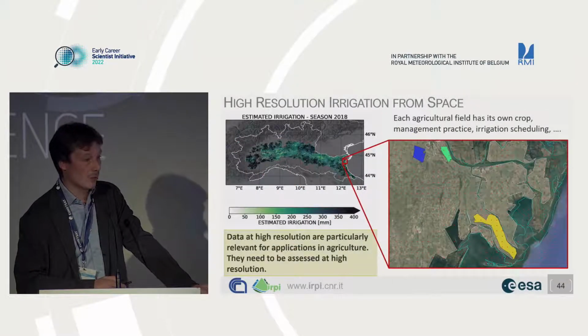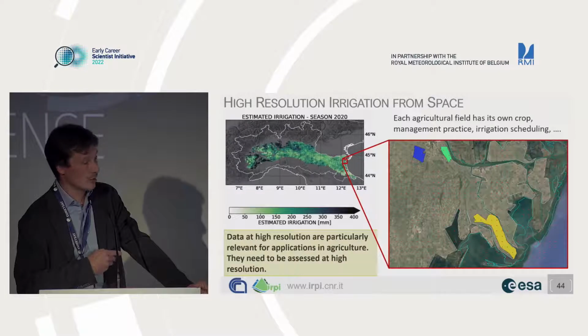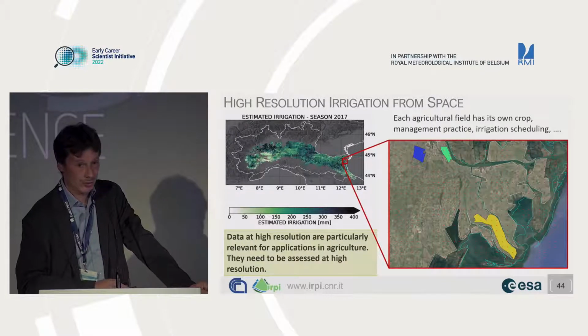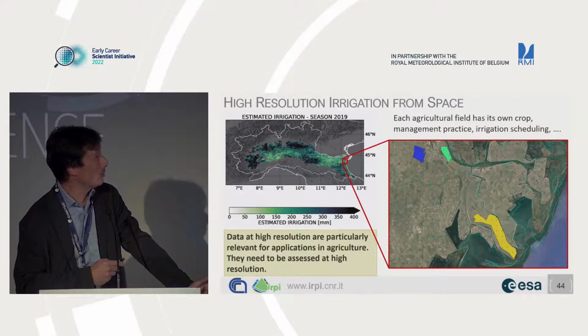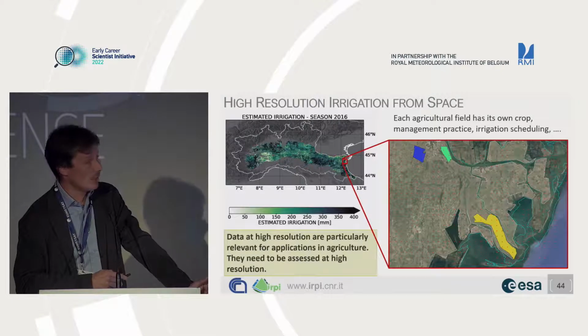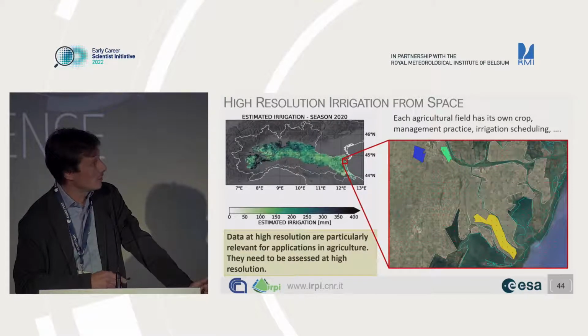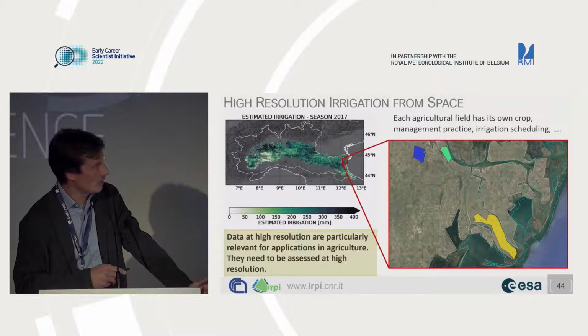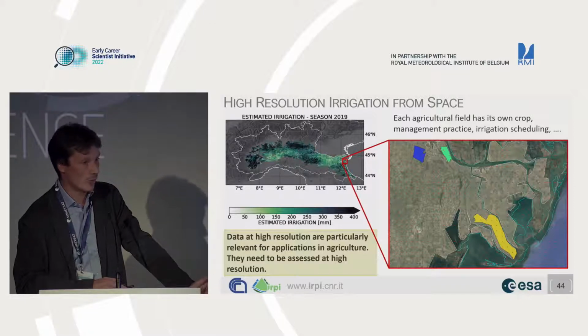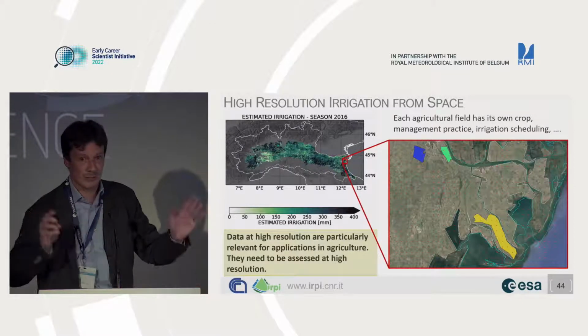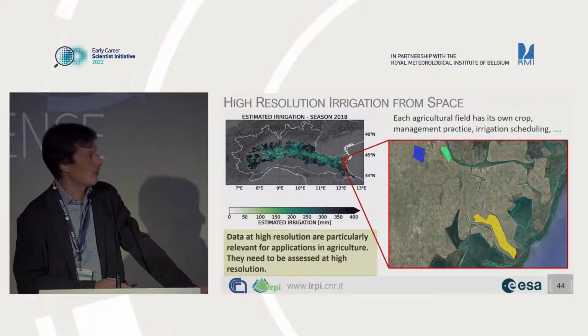But there is also a problem, because now we have high-resolution data, for instance, irrigation water use. As I told you before, we have this data, but we don't know how to validate it. Then people started contacting us. They have these 3 fields. Each dot is 1 measurement from satellites, and they want irrigation water use for just this field and this field, a few square kilometers each of them, and they want separate observations.